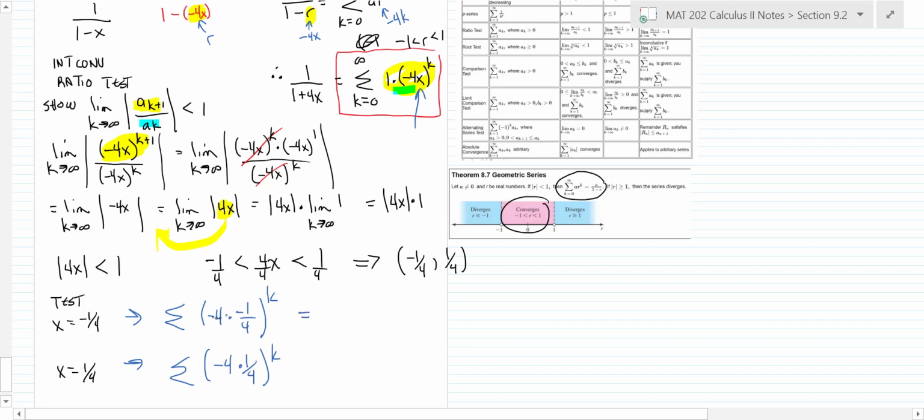If you do this, this is 4/4. So that's really the series of 1 to the k. That's positive 4/4. What does that do? Converge or diverge? Diverge. How come? You're adding ones, exactly, perfect. 1 plus 1 plus 1 forever, it gets bigger and bigger without limit.